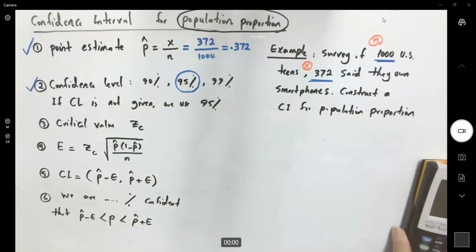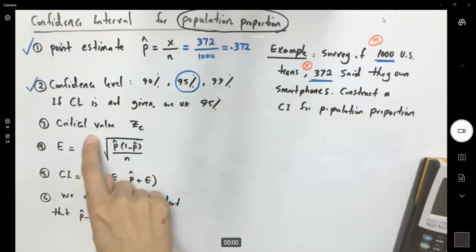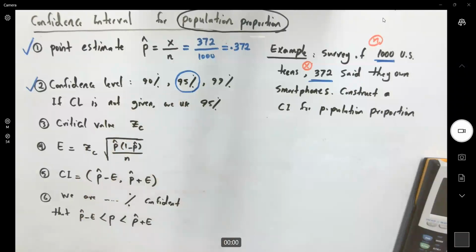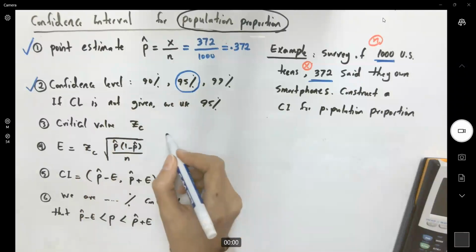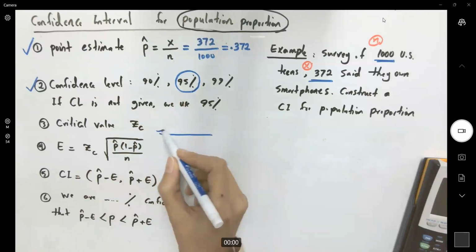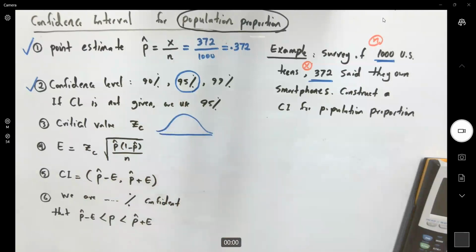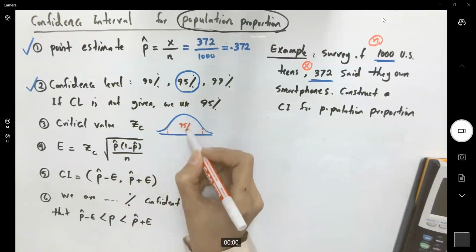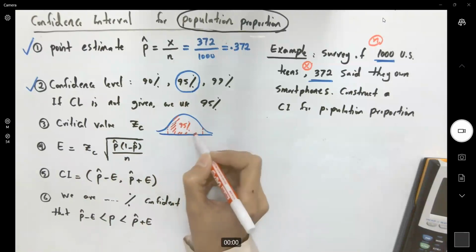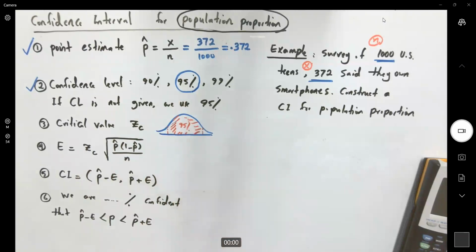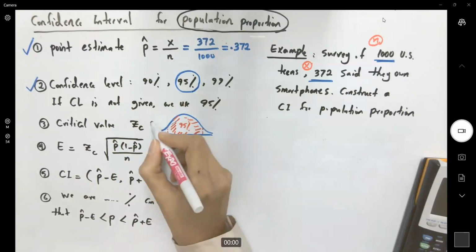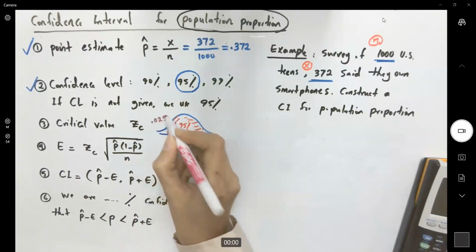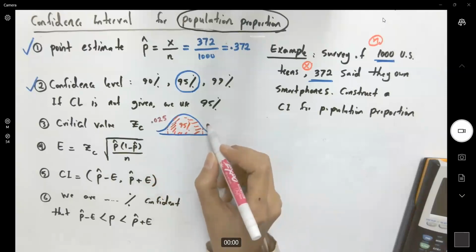Well, in finding the critical value for 95%, what we can do, we can graph the normal distribution. This is our normal distribution. 95% of the area is going to be here, 95%. So what's left? 5% is left. 5% split between the right and the left is 0.025 each.